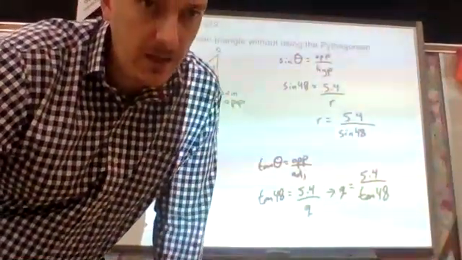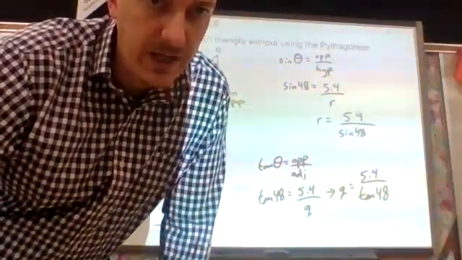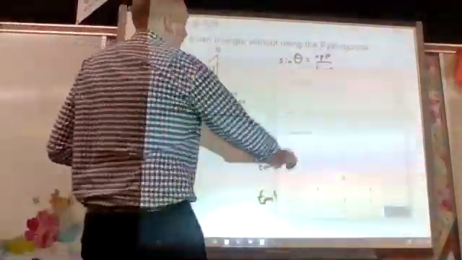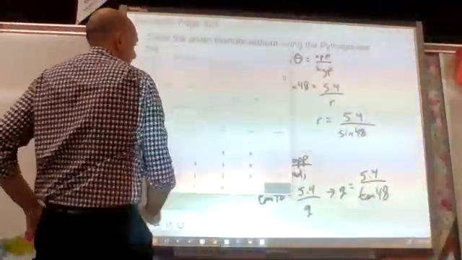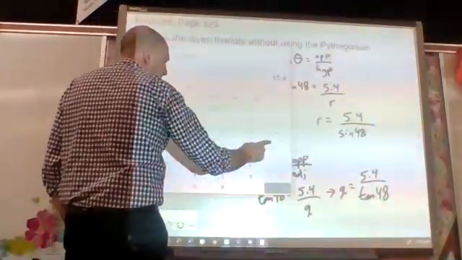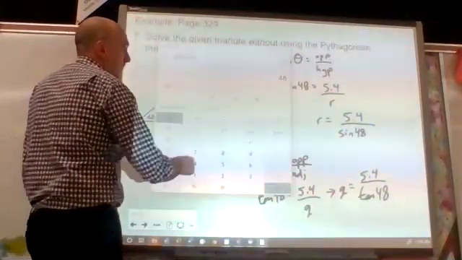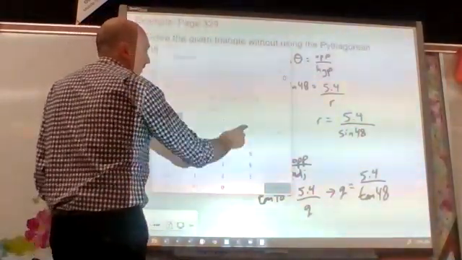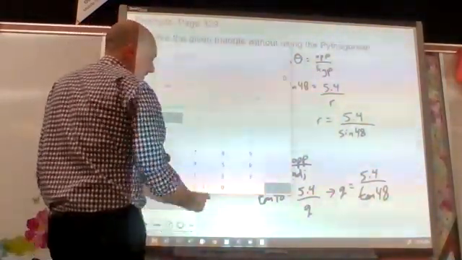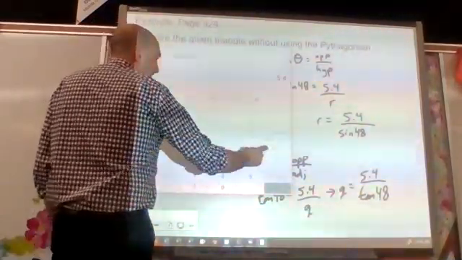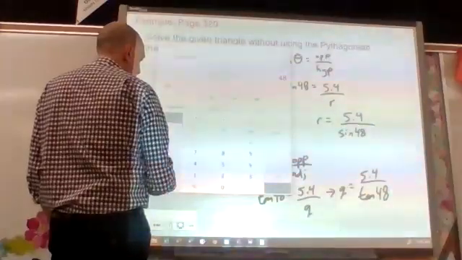Calculator again. Oh, I closed it again. All right. 5.4 divided by sine 48. Oh, watch out when you're putting things in. 5.4, not 55.4, divided by 48.